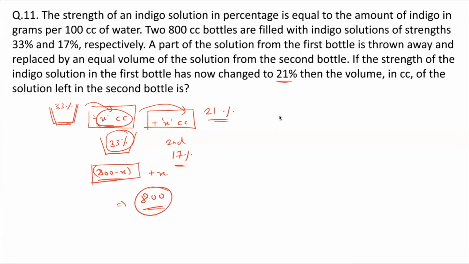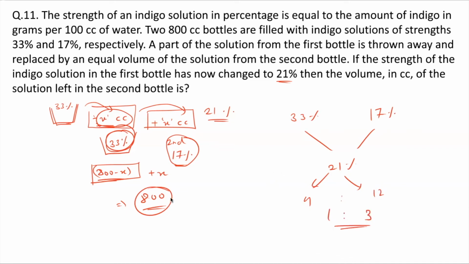So we will basically apply alligation. When you add this 17% indigo solution to the 33% indigo solution, the overall percentage is 21. By using alligation, 21 minus 17 is 4, and 33 minus 21 is 12. The ratio is 1:3.